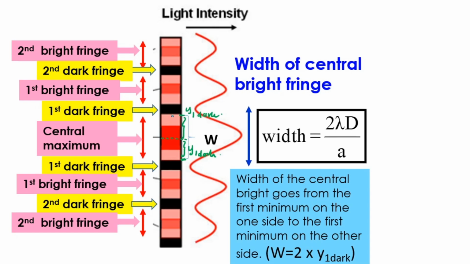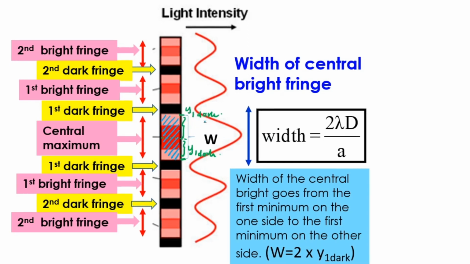So in order to calculate the width of the central bright fringe, this is the width of the central bright fringe, and we put it as W. It's actually twice the y1 dark.